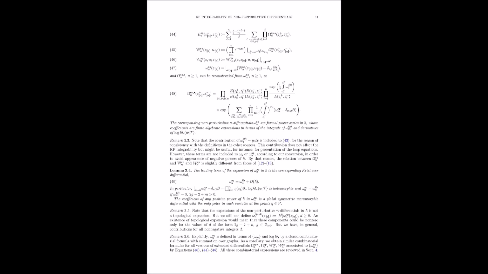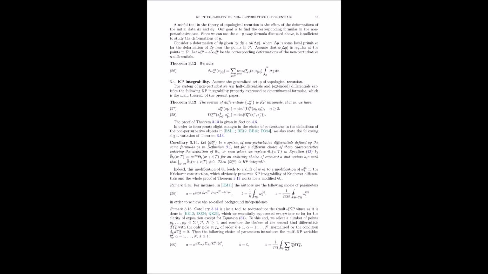And the order of vanishing of the section at the point determines the properties of the Krichever differential. The higher the order, the more complex the differential. And these Krichever differentials constructed in this way automatically satisfy the conditions for KP integrability. Yes, that's the remarkable thing. Their construction ensures that they exhibit KP integrability, making them a valuable tool for understanding this concept.